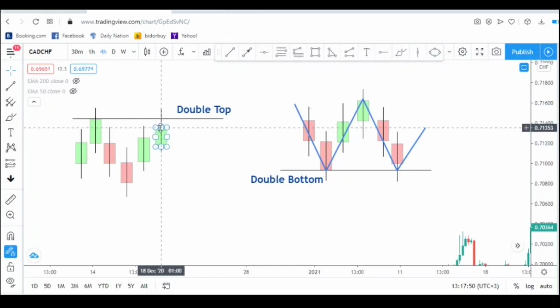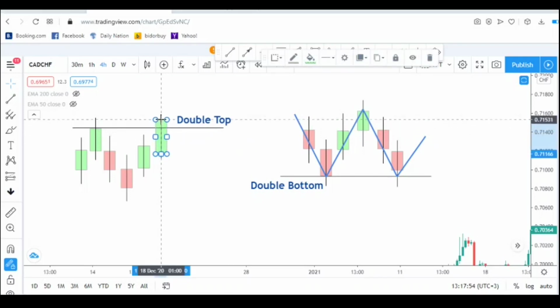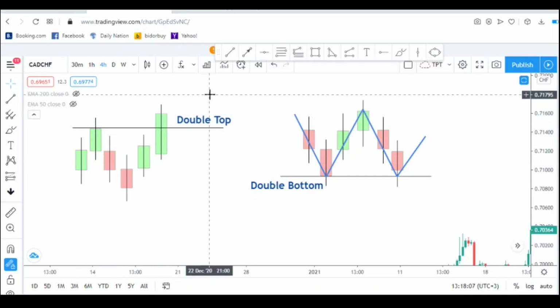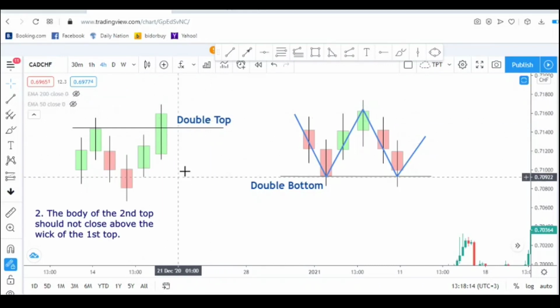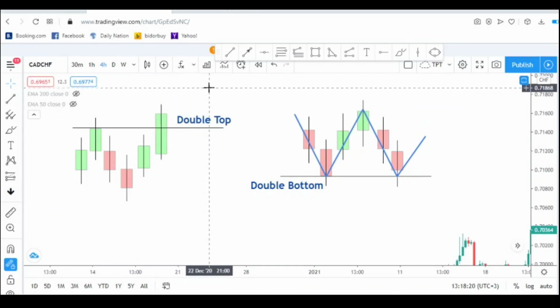And also let's look at this second scenario. Let's say the body of the second top is above the wick of the first top. Does this qualify to be a double top? Of course not, because the body of the second top is above the wick of the first top. So these are the two rules you can use for the double tops.